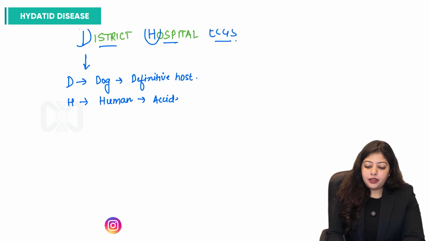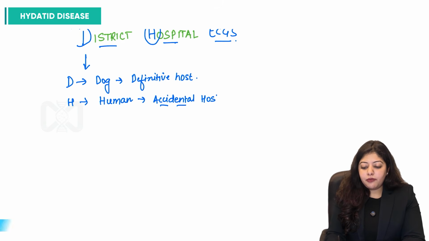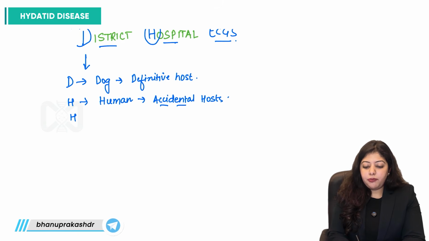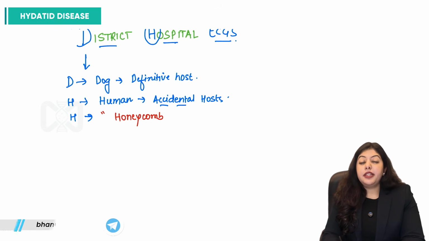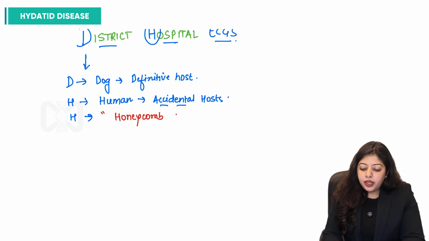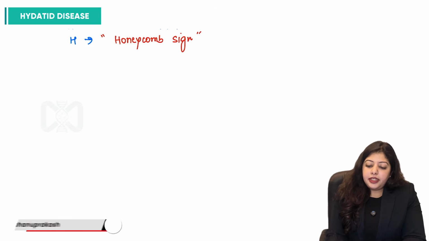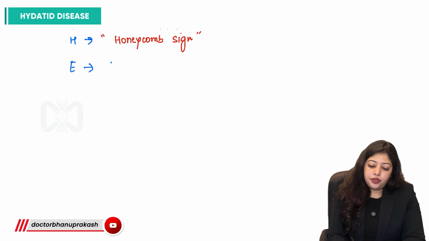We humans are considered to be accidental hosts. And also H stands for another important sign, that is the honeycomb sign, an important radiological sign. We will see that in later sections. Honeycomb sign, right? Then E of course stands for Echinococcus.